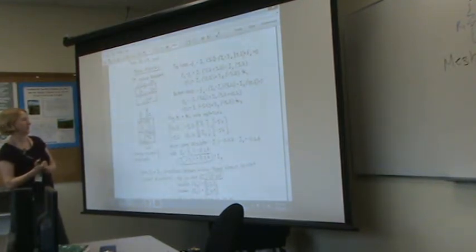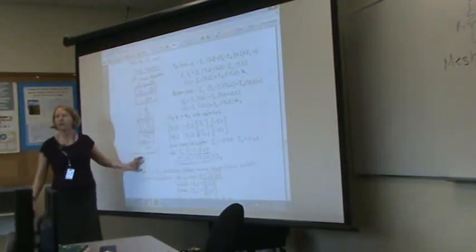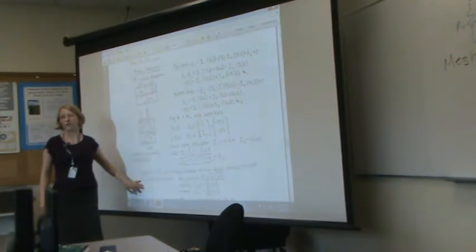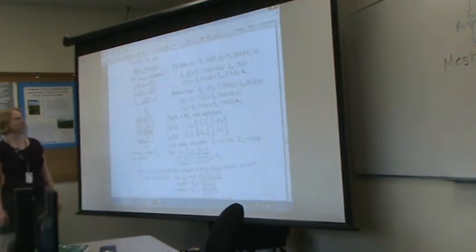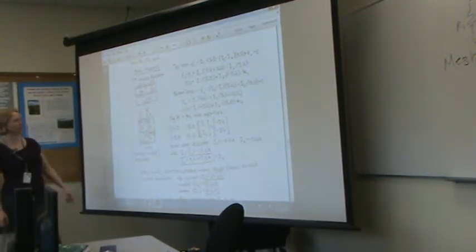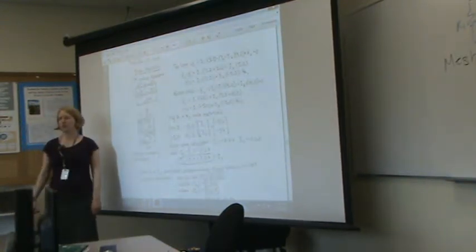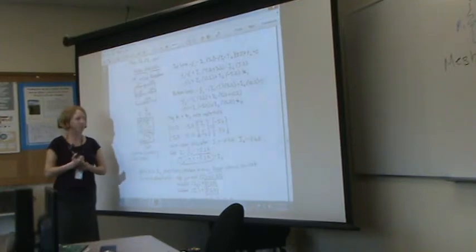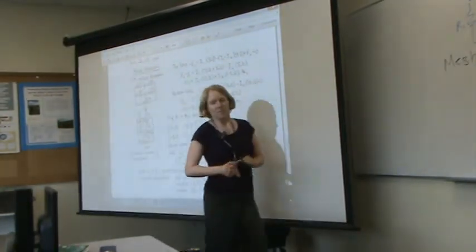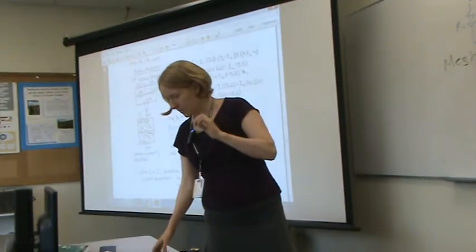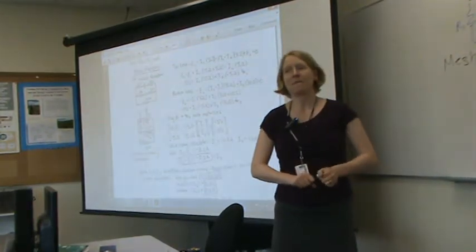So I talk through fixing the current values and directions, because I think the only thing they want to know is the direction of the current down the middle loop. And you have to do the whole mesh analysis to figure it out. And don't mess up the negatives and positives.